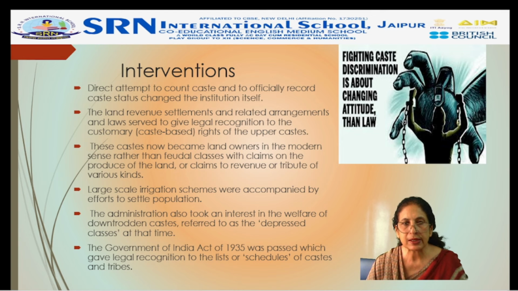Large-scale irrigation schemes were accompanied by efforts to settle population. The administration also took an interest in the welfare of the downtrodden castes, referred to as the depressed classes at that time. The Government of India Act of 1935 was passed, which gave legal recognition to the lists or schedules of castes and tribes.